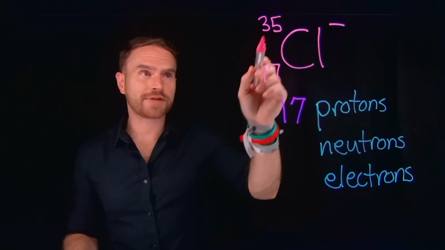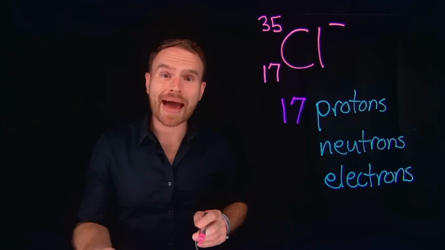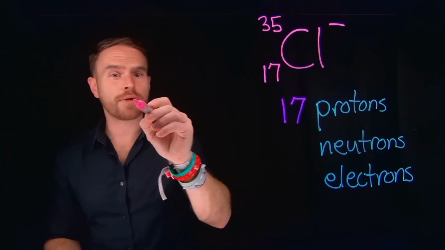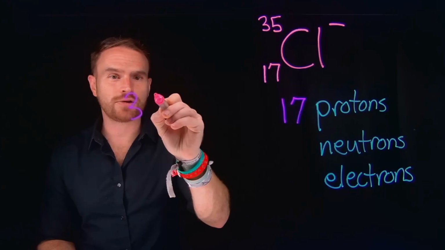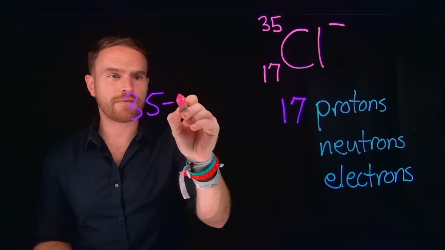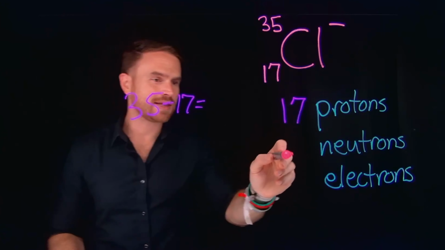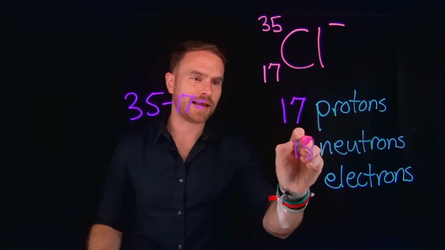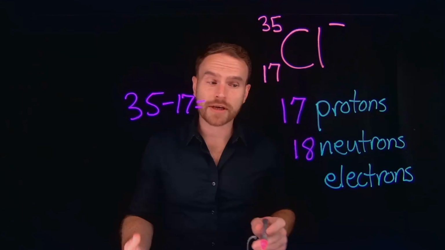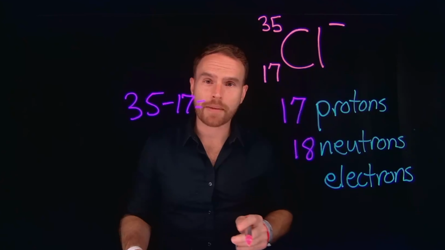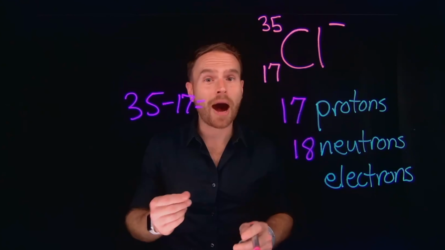At the top left-hand corner, I see that the atomic mass is 35. And remember, mass is made up of protons and neutrons. So 35 minus 17 will tell us the total number of neutrons, which in this case is going to be 18 neutrons. Then, in order to figure out how many electrons, we need to remember that protons and electrons are oppositely charged.